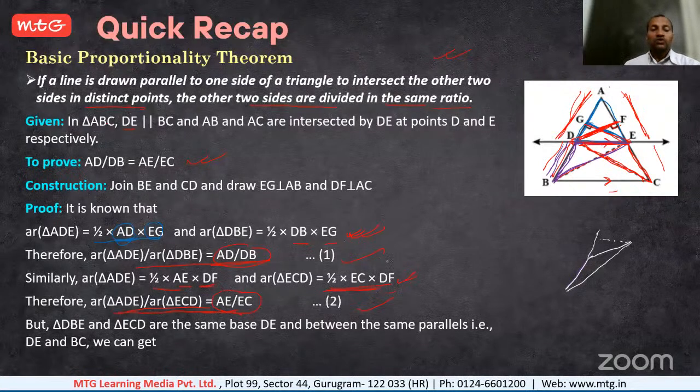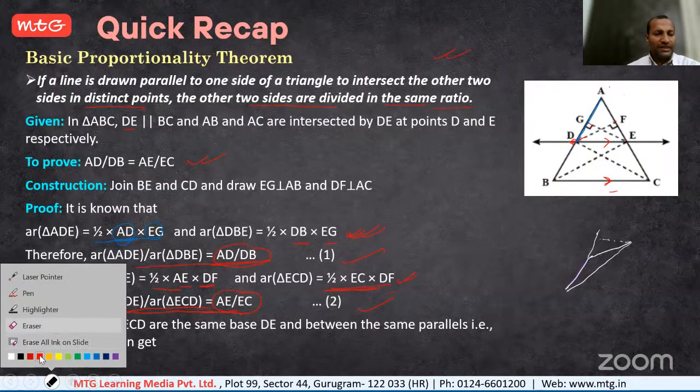Okay. So here your triangle DBE and ECD, these downside two triangles. They have the same base here. So let me delete whatever I have marked.